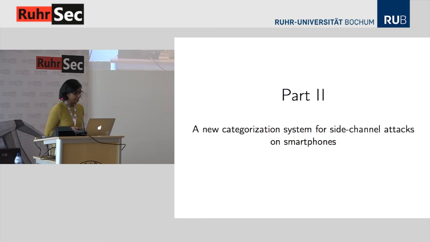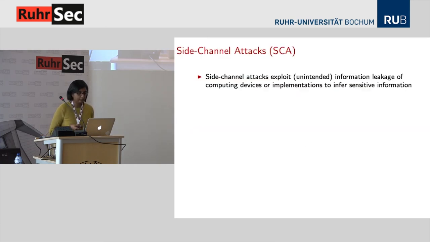So what we realize is that those side-channel attacks, for those who are not familiar with that term, are essentially attacks that exploit information leakage from computing device implementations, think of crypto implementations, to infer sensitive information that is stored on the device.